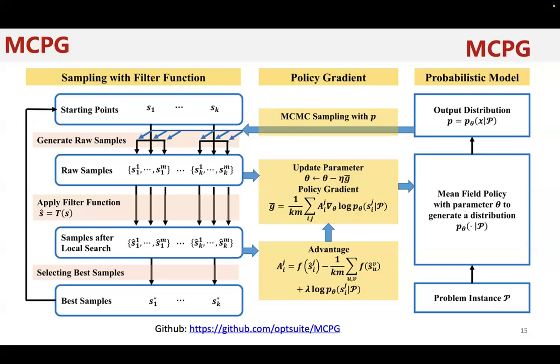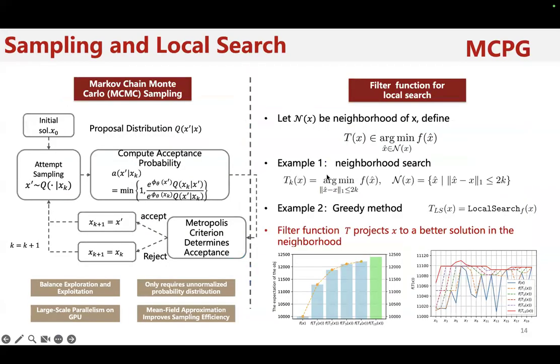Because we minimize the function, we hope the function values should improve, but when we do sampling, we have no control over the quality. So at this stage, we introduce a certain kind of local search, which we call the field function. That means we define a neighborhood of the current solution, the current point, and the number of points in this neighborhood is very small.